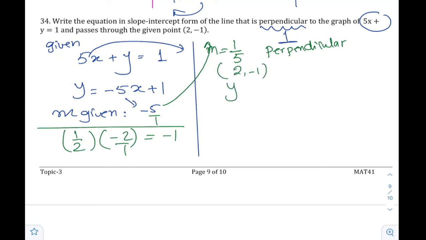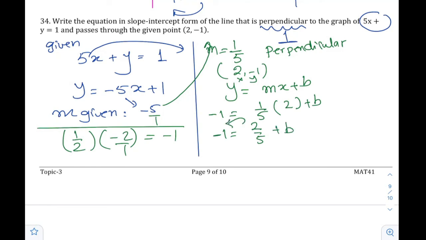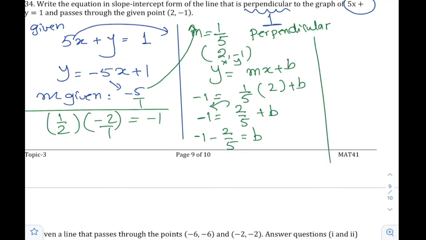Okay, we do it the traditional way. So I will use the new point and the new slope. -1 = 2/5 + b. So my b is -1/1 - 2/5. I will multiply by 5.